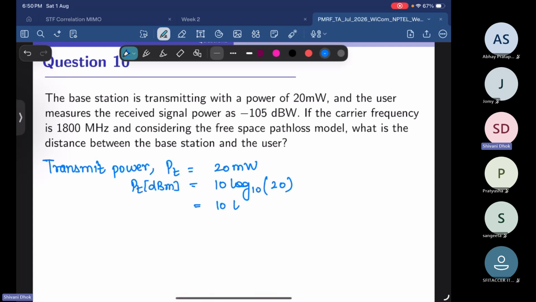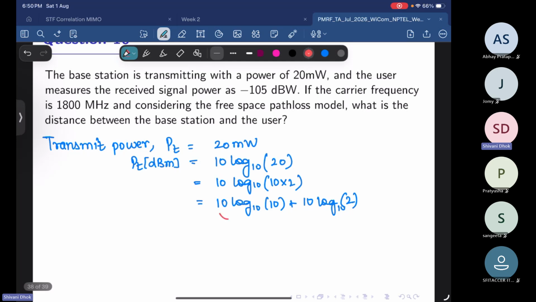This I can write as 10 log to the base 10, 10 into 2, which is 10 log to the base 10, 10 plus 10 log 2 to the base 10. Now note that this quantity is equal to 10 and 2 in dB scale is 3 dB. So these are the two quantities that you should in general remember. So this is basically 13 dBm.